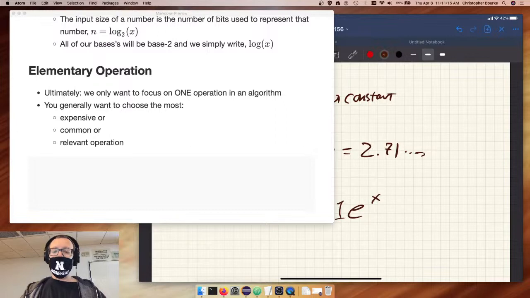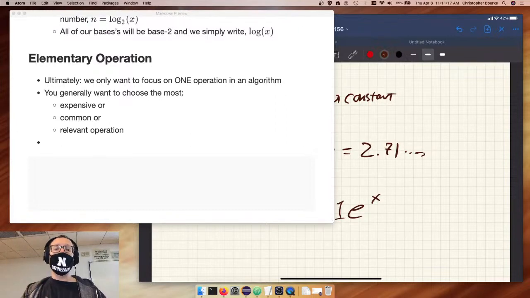So generally, you also don't include things that are necessary for the algorithmic control structures, right? So you generally also exclude operations that are necessary for the control structures of the algorithm.